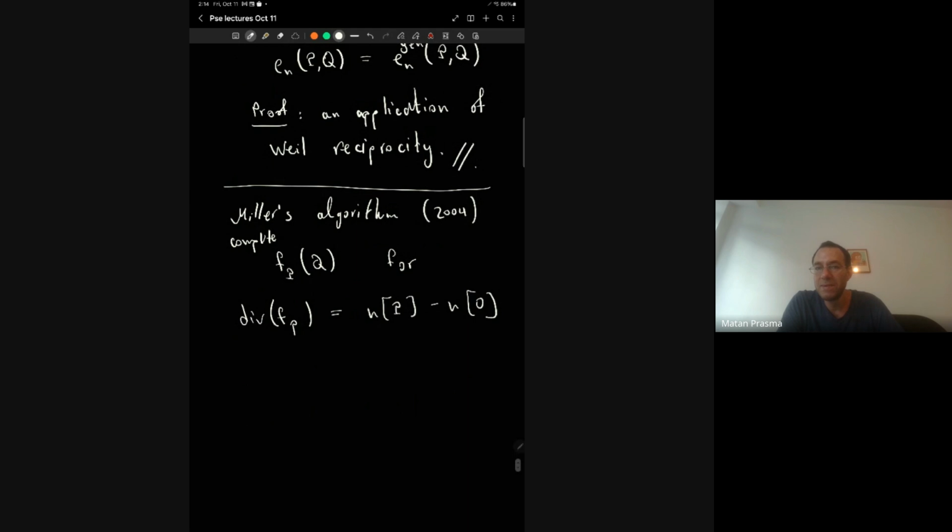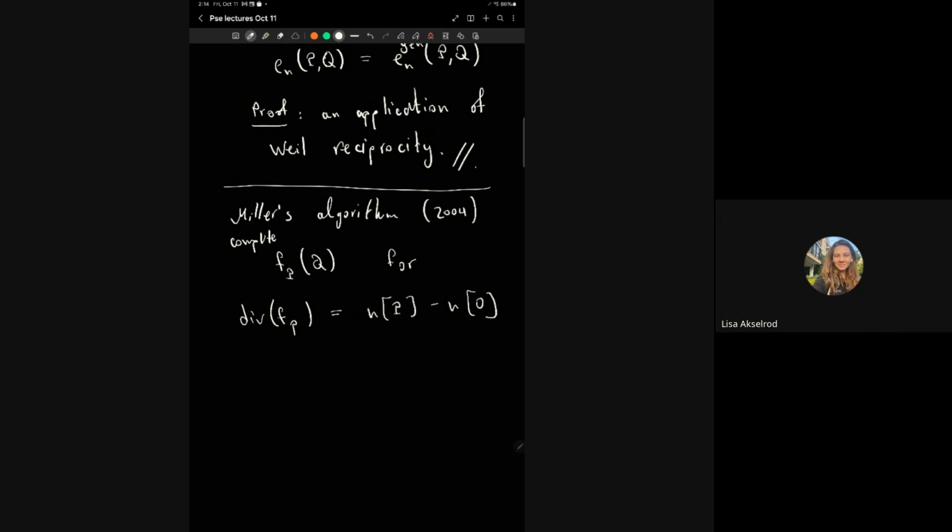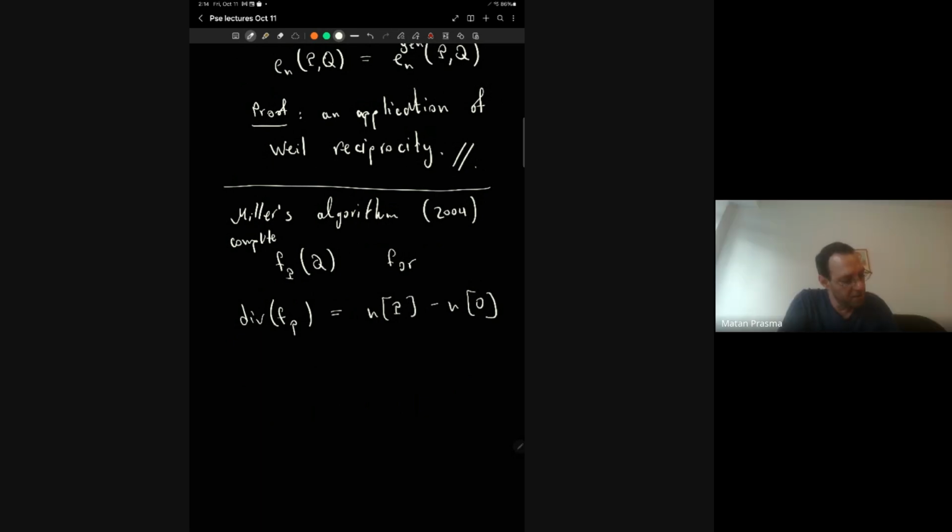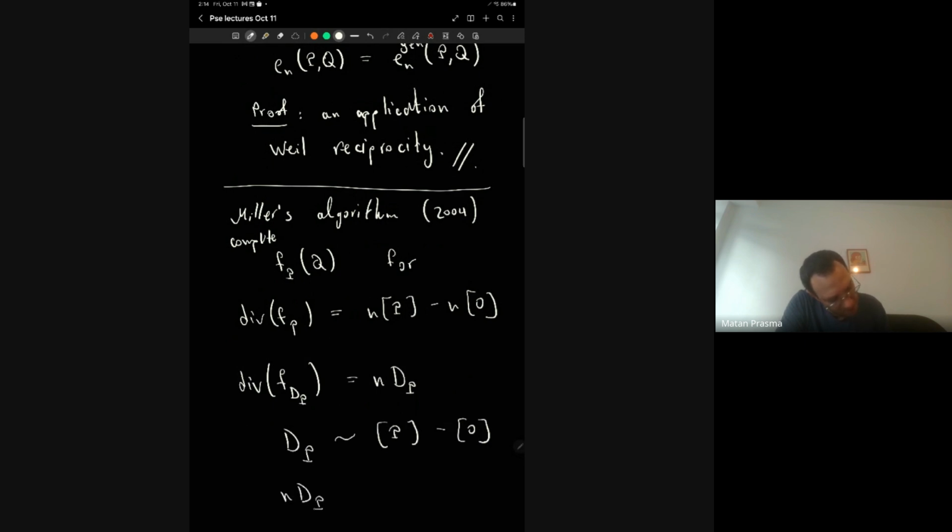I have an education question. Can you explain when we write FP and when we write FDP? Yes. So FDP is a function such that the divisor of FDP is NDP. And DP needs to be a divisor that is equivalent to P minus O. So NDP is going to be equivalent to NP minus NO, but only equivalent.